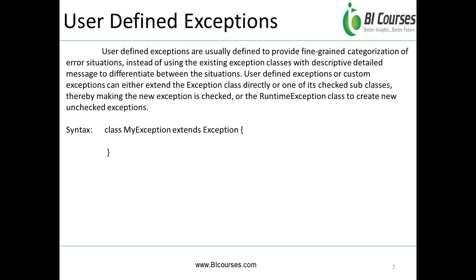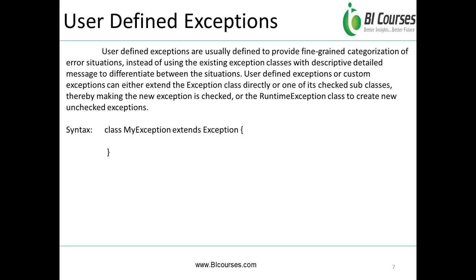Next one is user defined exceptions. We saw that there are default classes available in the java.lang package, but not only these default classes, we can create our own exceptions. User defined exceptions are usually defined to provide fine-grained categorization of error situations, instead of using the existing exception classes with a descriptive detailed message to differentiate between situations.